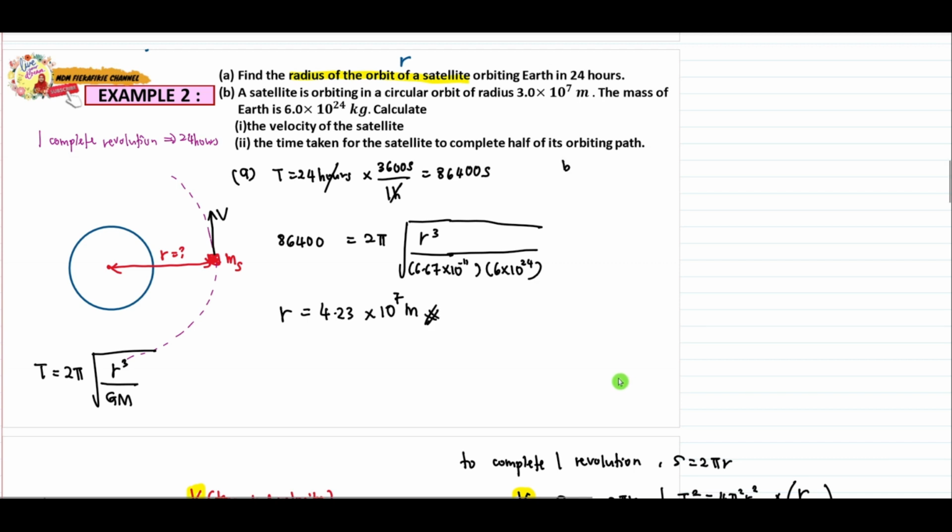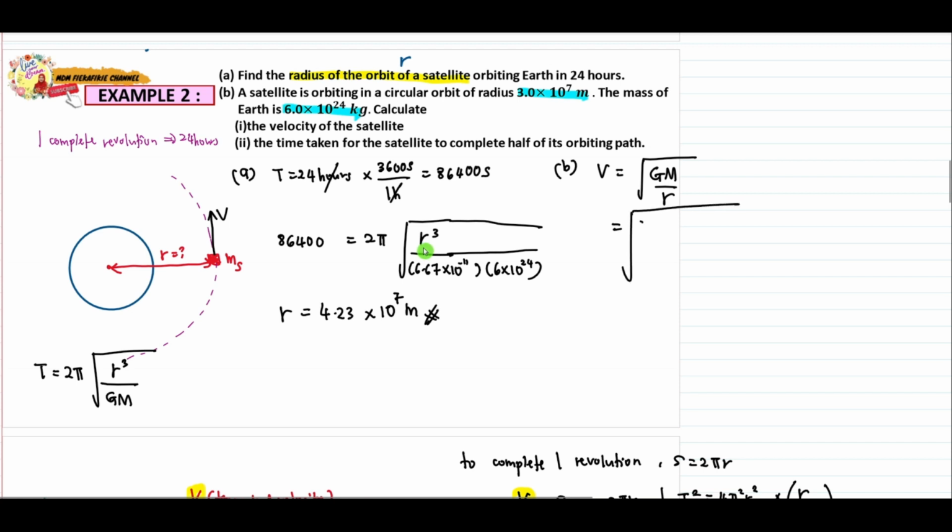And then for B, we want to find the velocity of the satellite, which is the tangential velocity v, and it is equal to square root GM over r. So in this case, the question gives us the radius of the orbit and the mass of the earth is also given. So we can straightly find v. This is very simple. So we just substitute.